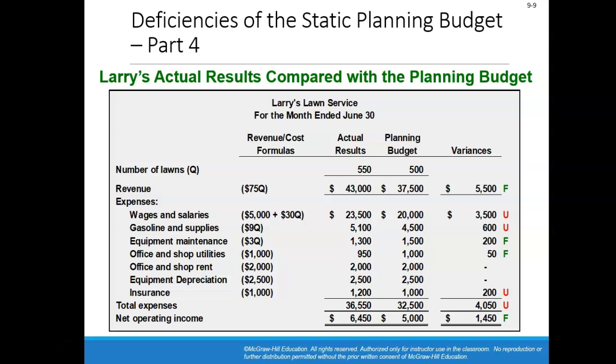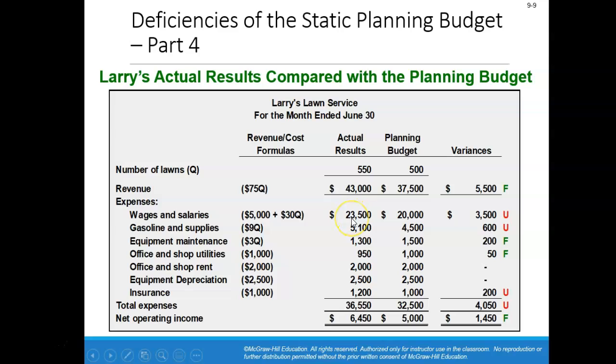You ready? All right. Our planned budget cost was going to be $20,000. That was 500 lawns at $30, which is $15,000, plus the $5,000 salary.